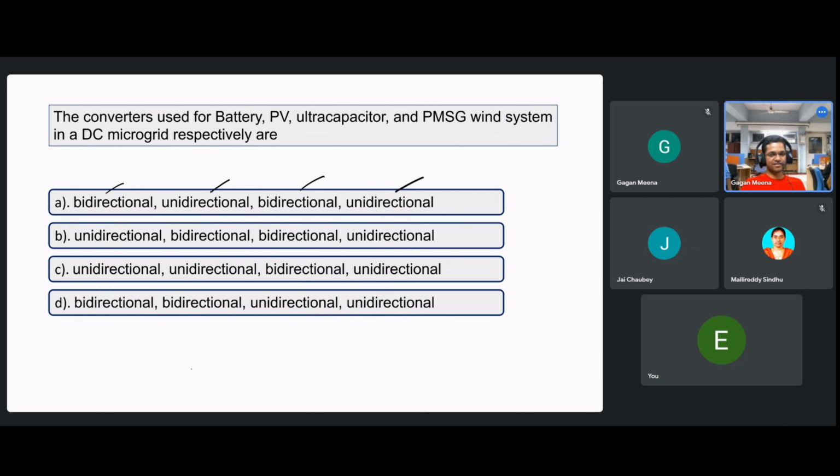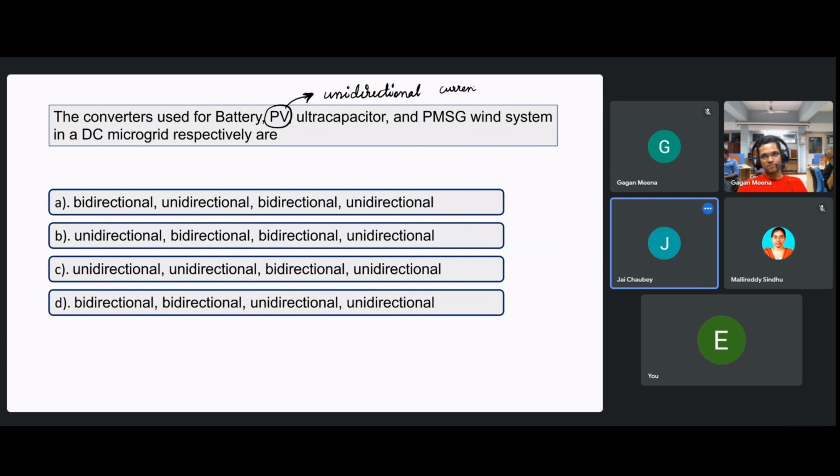Battery and PV are unidirectional. Is that true? Why do you say PV is unidirectional? Because PV is a current source, just like a DC source.